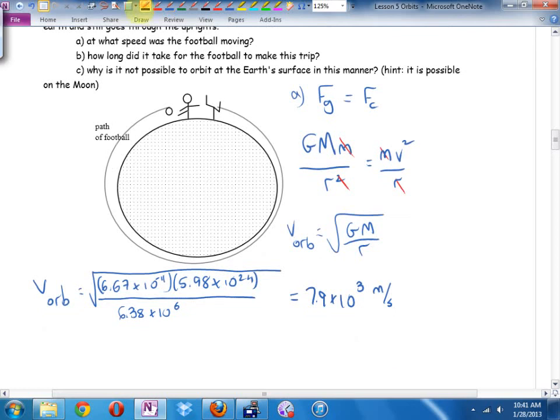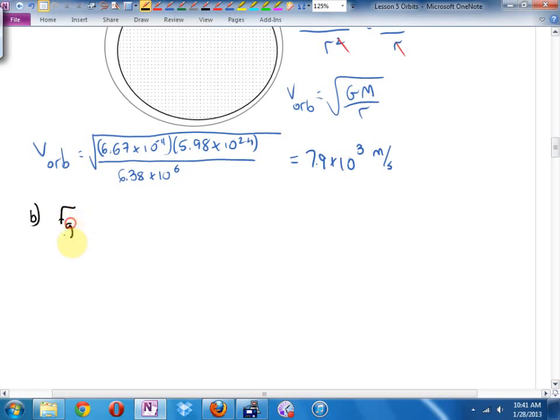So what's B asking us to find? Period. Are we moving in a circle? What's pulling us in a circle? Let's start out with our fallback of gravity equals centripetal force. And big G, big M, little m over r squared equals little m. Which equation do I want to use for acceleration now? 4 pi squared r over t squared.